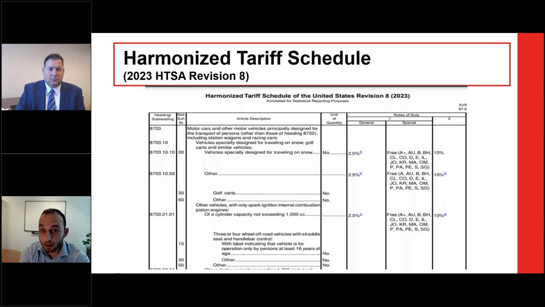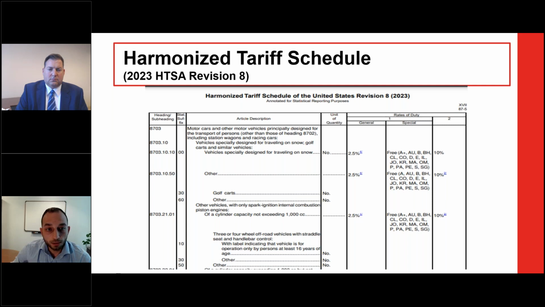So right now, these countries are Cuba, North Korea, Russia, and Belarus. But there is a bill currently in Congress that, if enacted, would remove normal trade relations with China, and Chinese products would be subject to the column 2 rates as well.